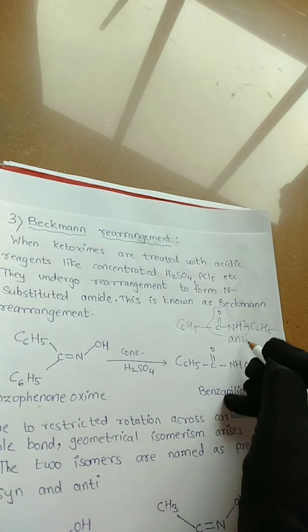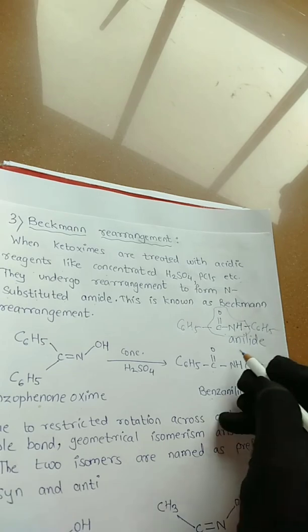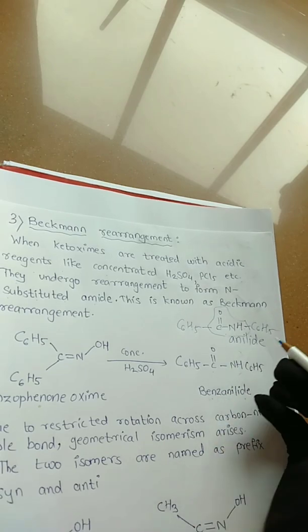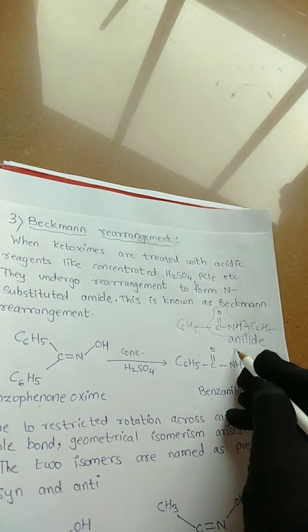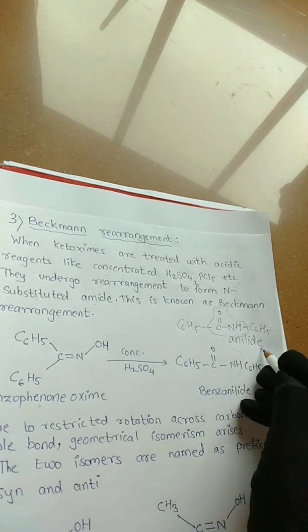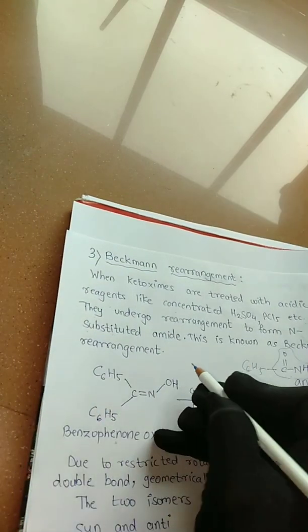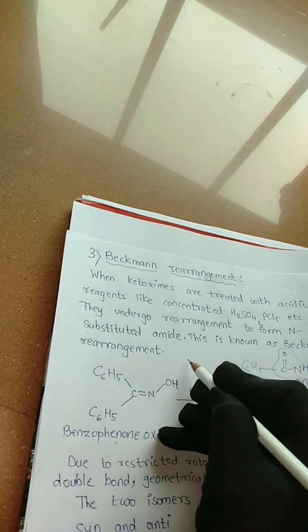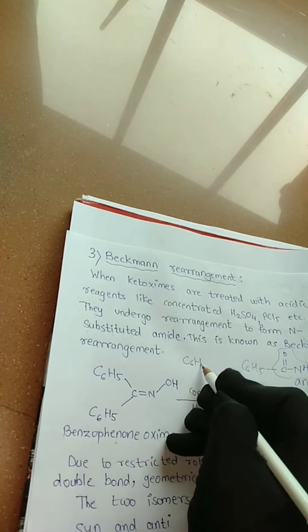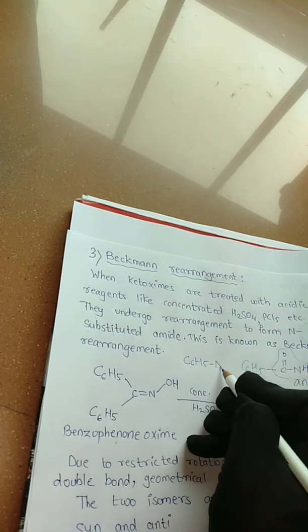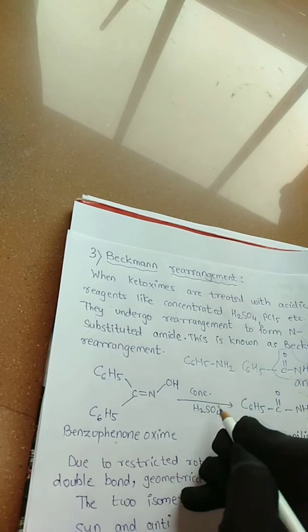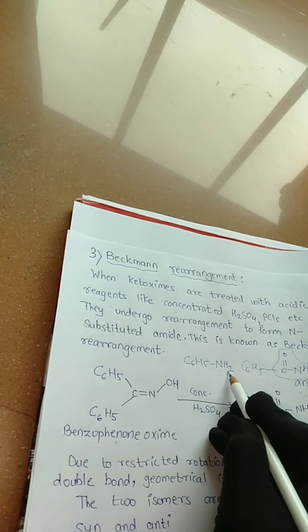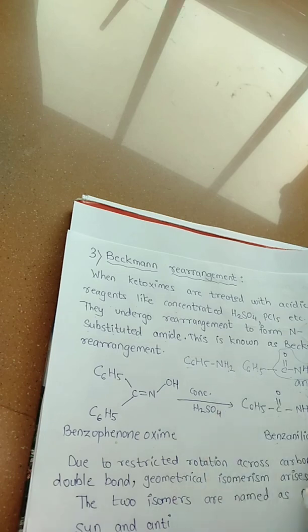Anilide means what? It is a combination of aniline and amide. So which group is called aniline? C6H5, when it is directly attached to an amino group, is called aniline.